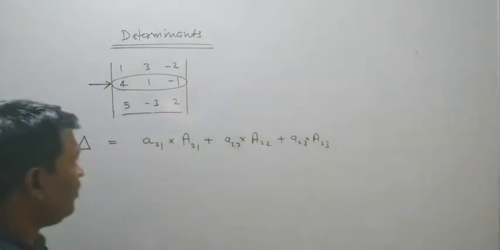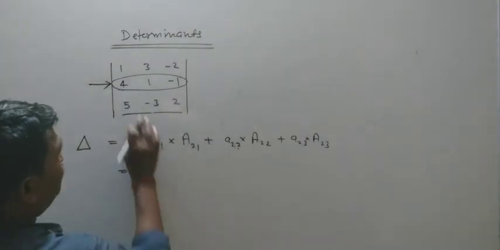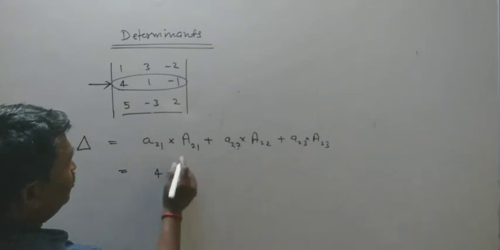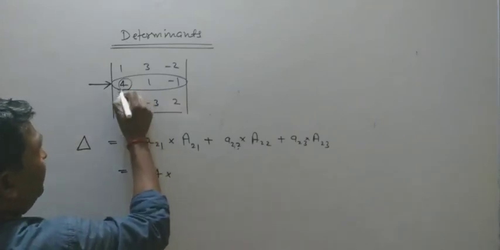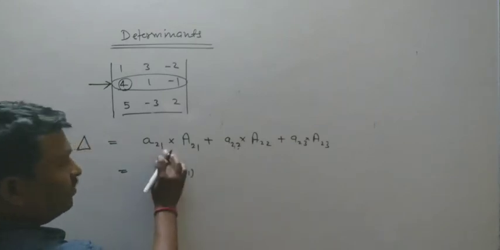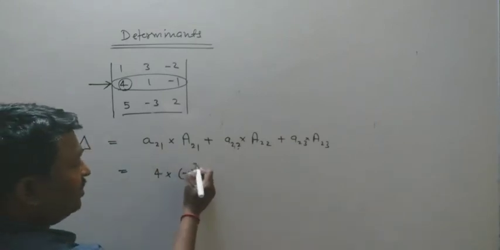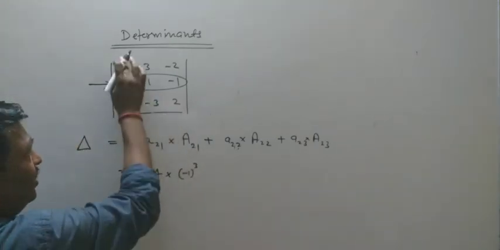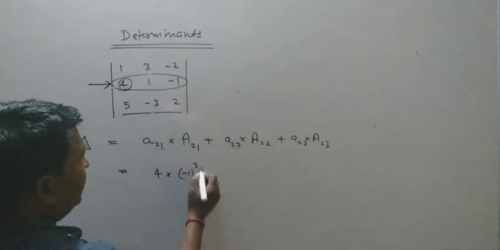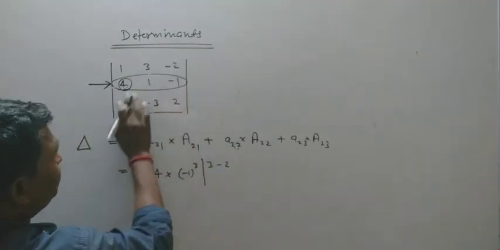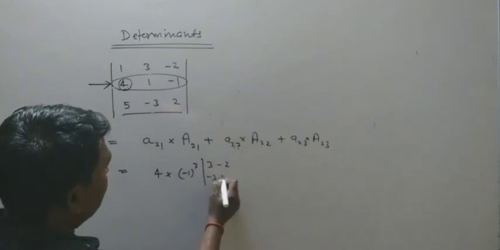Okay, now see, a21 means here 21 is 4, into its cofactor. What is the cofactor of this? So 2 plus 1 is 3, minus 1 power 3. And for a21 its cofactor: leaving this row and this column, we have 3 minus 2, and here minus 3 2.